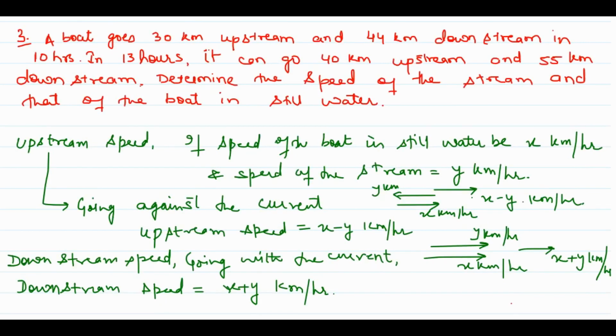The question is a boat goes 30 kilometers upstream and 44 kilometers downstream in 10 hours. That means we have a basic formula: speed is equal to distance upon time. This is a basic formula which connects all these three, right?